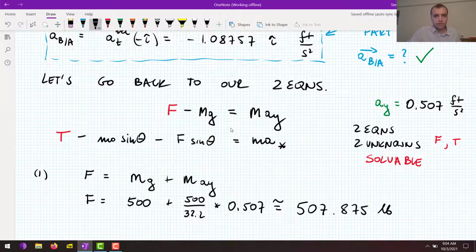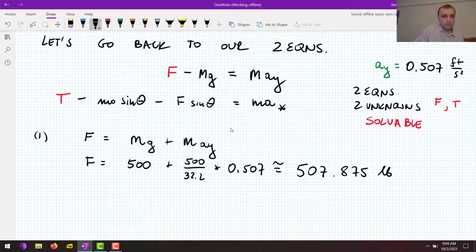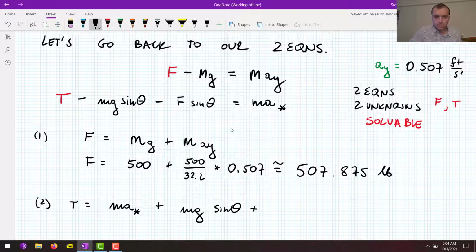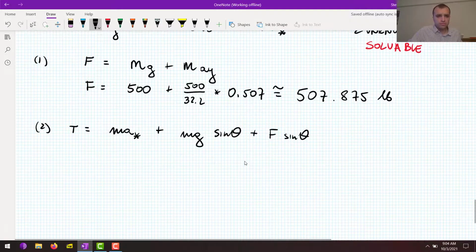Okay, and now we are ready to find our T, because from the second equation, T is equal to MA star plus mg sine theta plus F sine theta. Please plug in values.